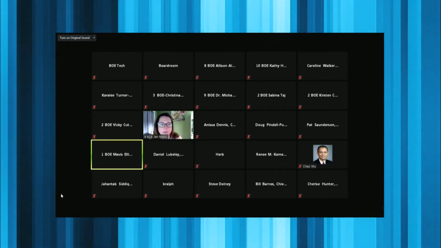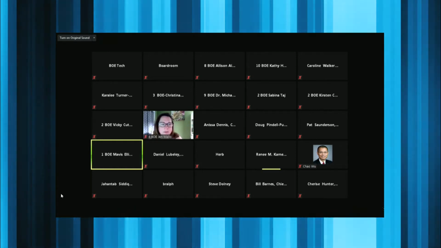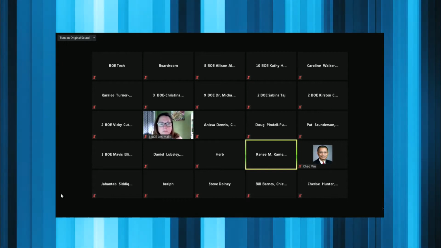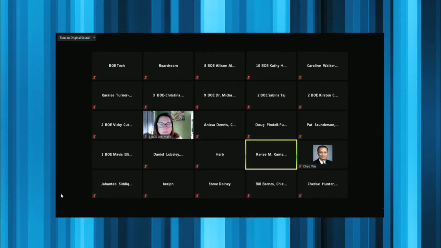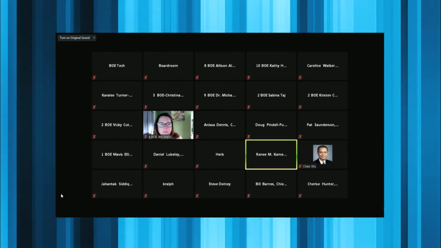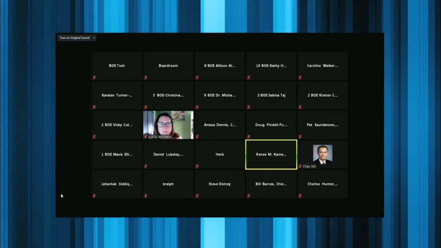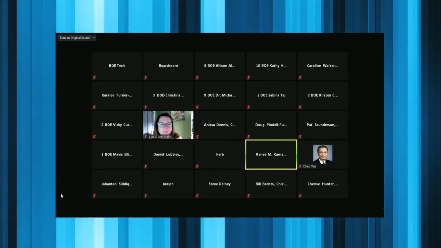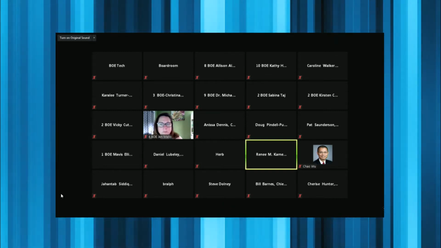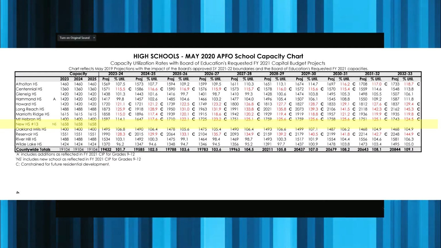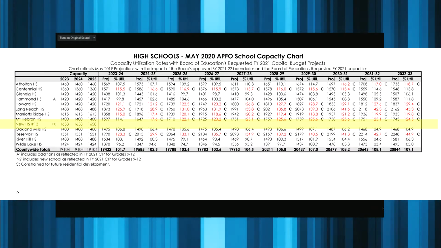Ms. Kamen. Sure. I want to say that the high school capacity chart was very difficult to do this year. In past years, we generally include open CIP seats. So what's not reflected in this chart that goes back to Ms. Petronio's initial question is the fact that typically when we open schools, we have a really rough idea as to what schools would be affected with the new seats.